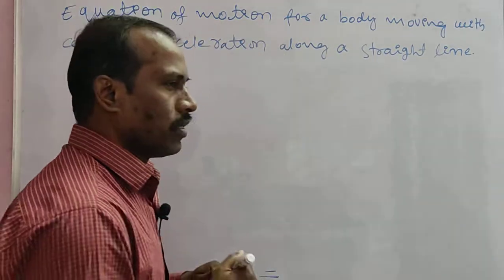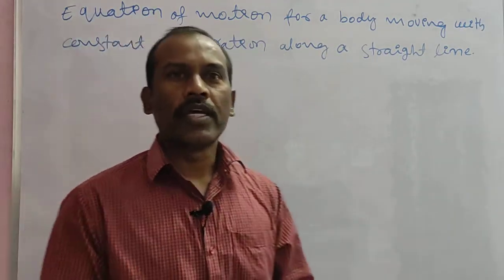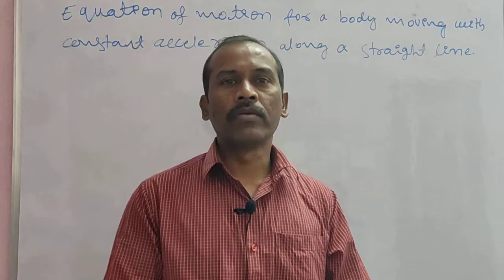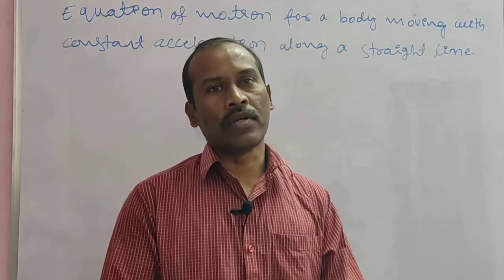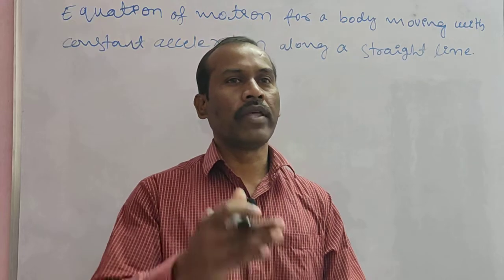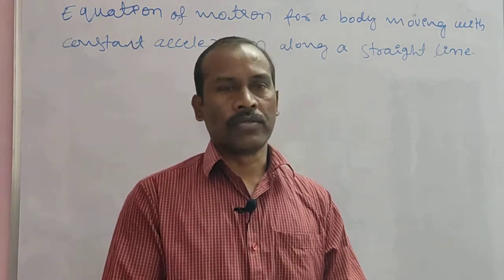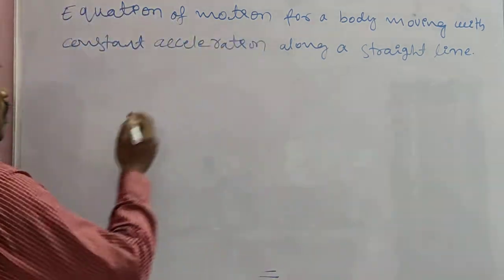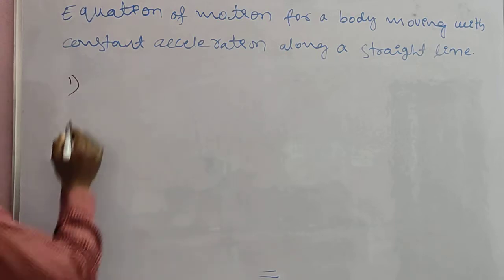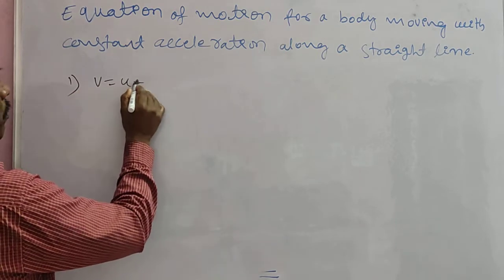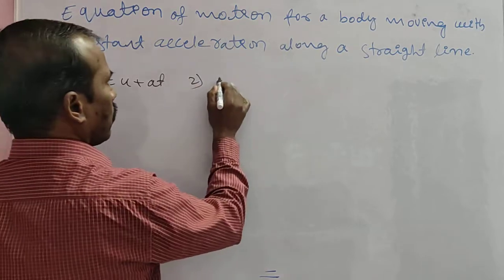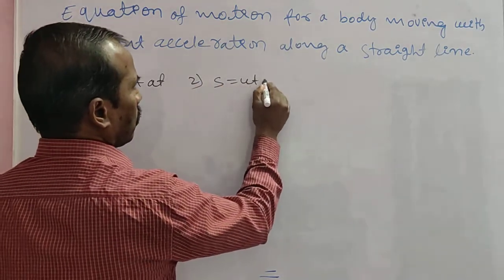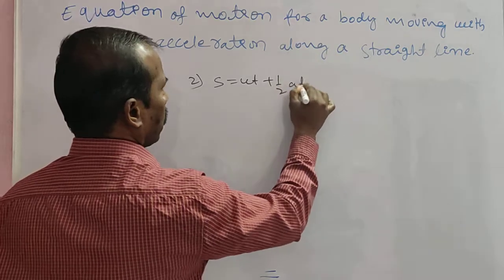These equations change with different methods. Some values are constant, and then there is a relation between the remaining terms. The first equation is v = u + at. The second kinematic equation is s = ut + (1/2)at².